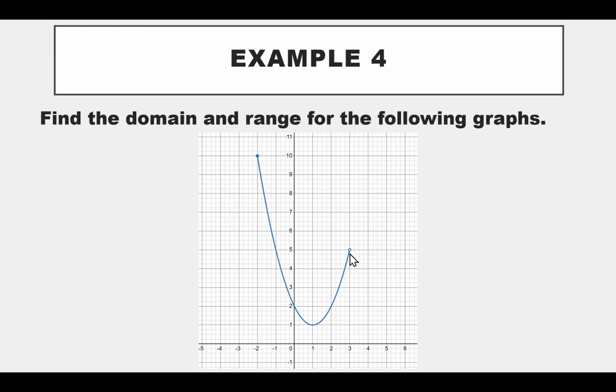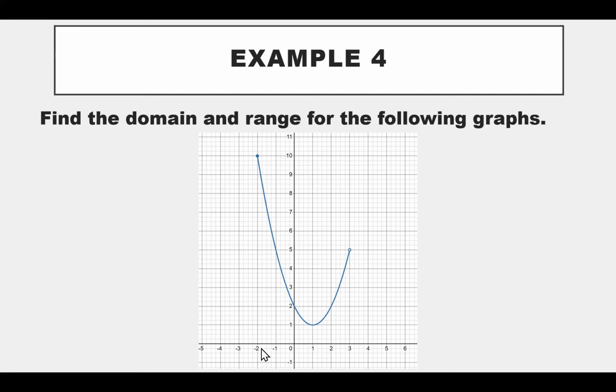So the x values go from -2 to 3. They touch -2 because that's a closed circle. It does not touch 3 because that is an open circle. So that tells me that the domain goes from -2 to 3, doesn't touch 3, but does touch -2.